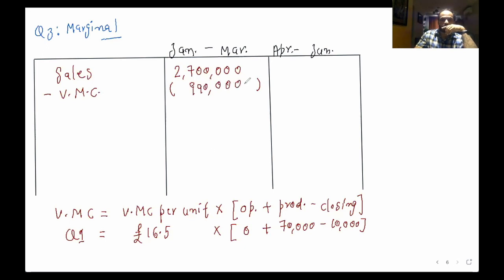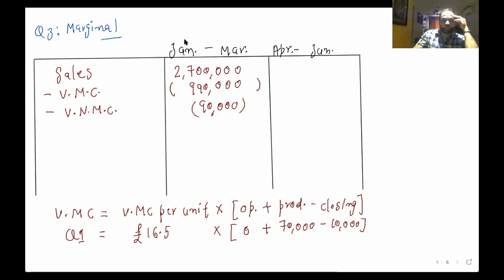So how much is variable manufacturing cost? 990,000. Minus variable non-manufacturing cost. How much is variable non-manufacturing cost? 90,000.